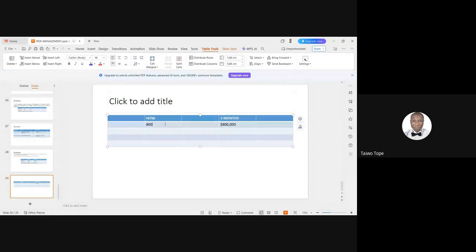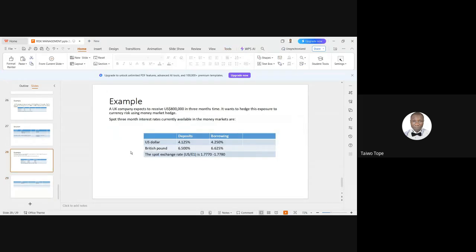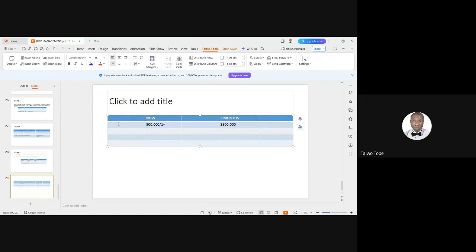So I need to borrow, and I borrow 800,000 at 1 plus the interest rate, since I'm borrowing in foreign currency, 4.250%, multiplied by 3 divided by 12.